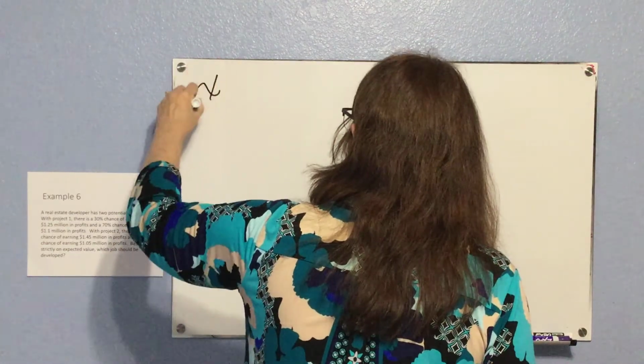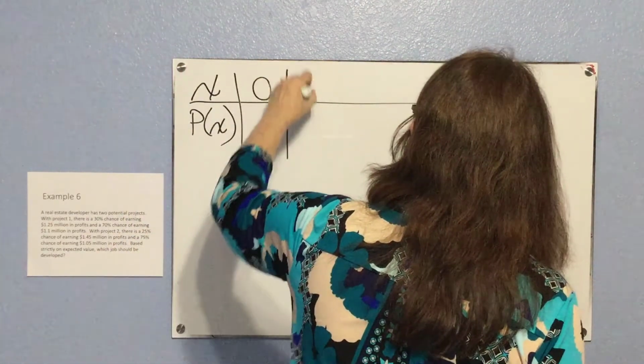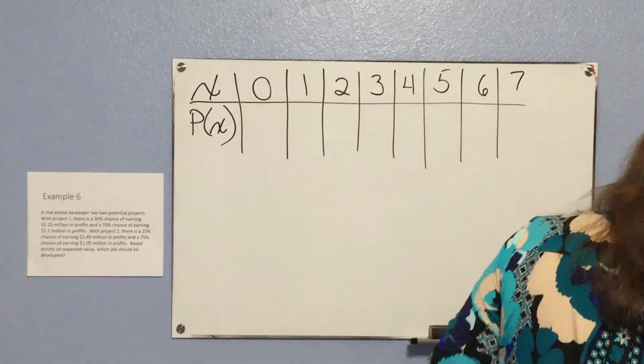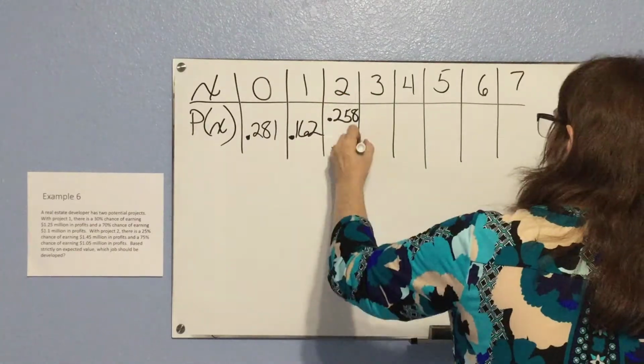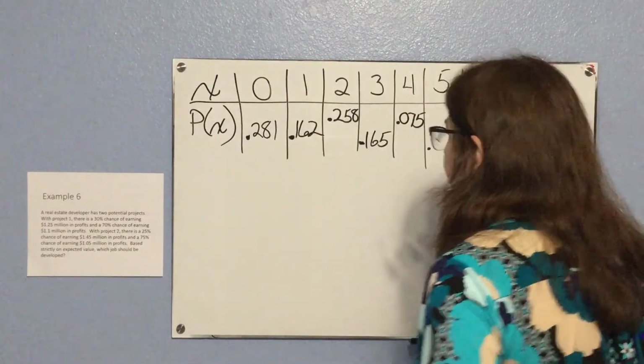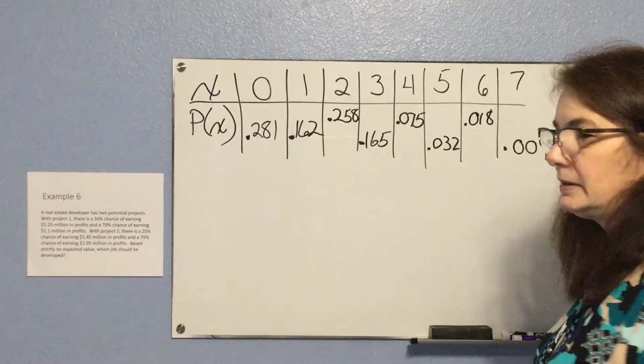So let's make our table. I guess if you have more than 7 children, then we'll put you in a separate category.